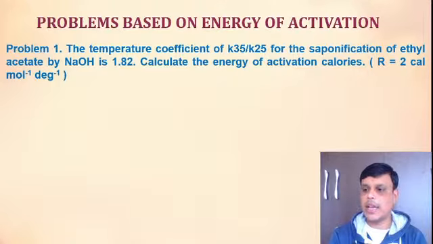Then what else is given? R is given as 2 calorie per mole per degree. Okay? Then tell me the value of temperature. What will be the value for temperature T1?